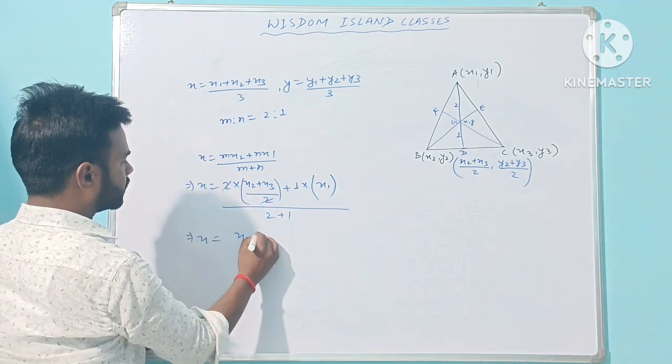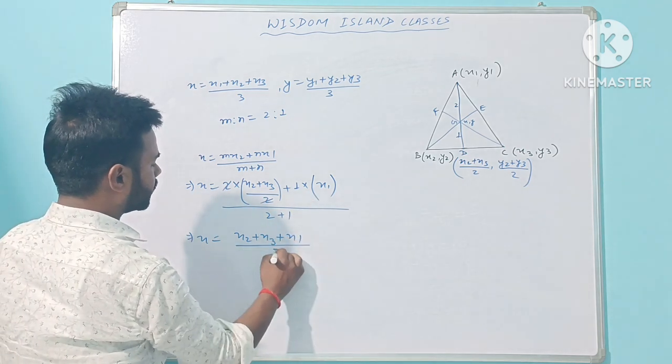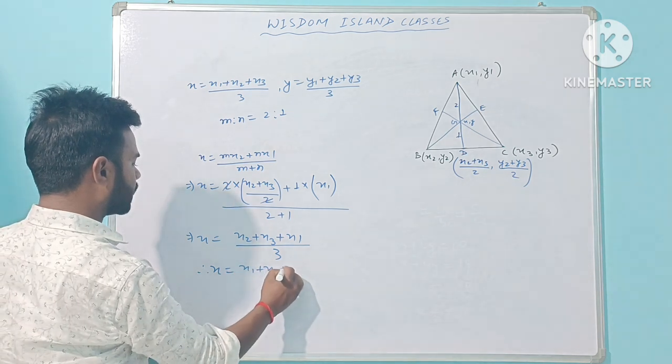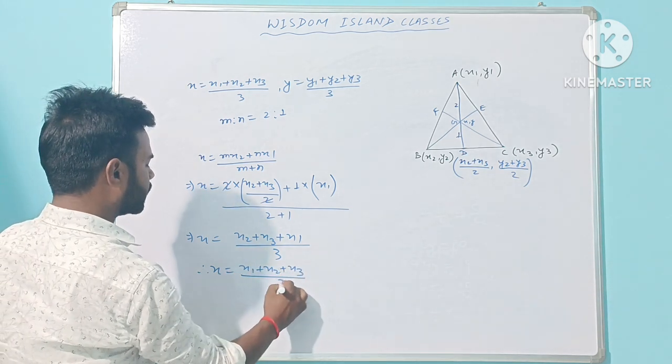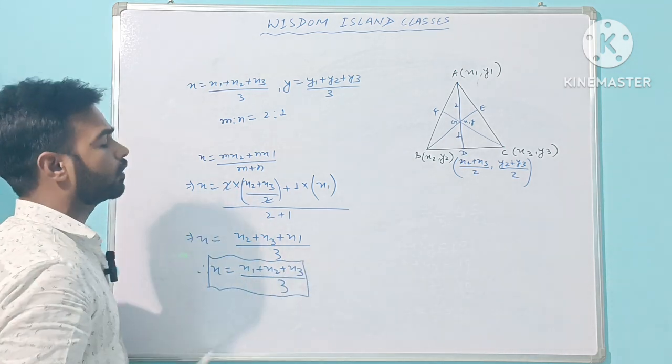So x2 plus x3 plus 1 into x1, that is x1, by 3. Therefore, x will be equal to x1 plus x2 plus x3 by 3. This is the x coordinate of the centroid.